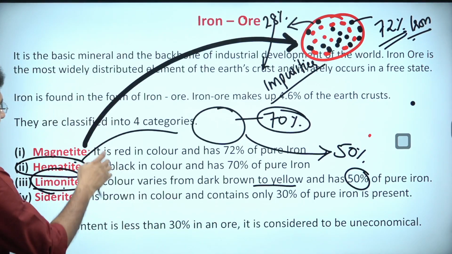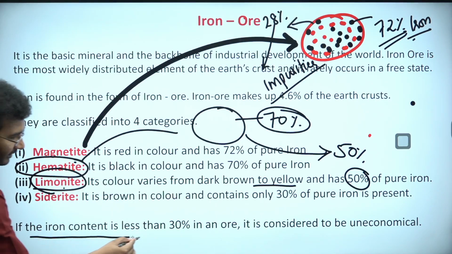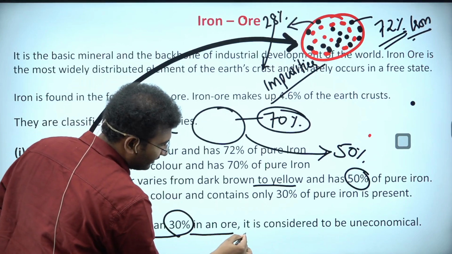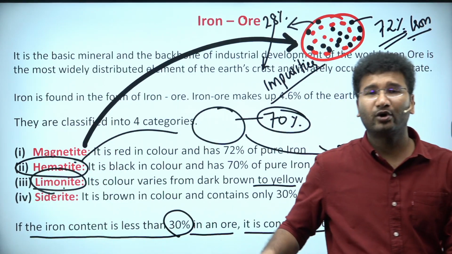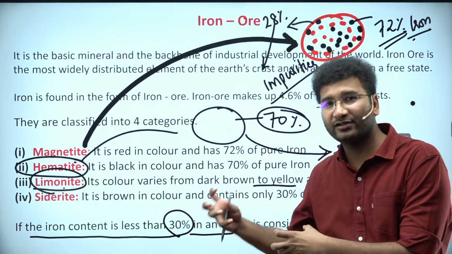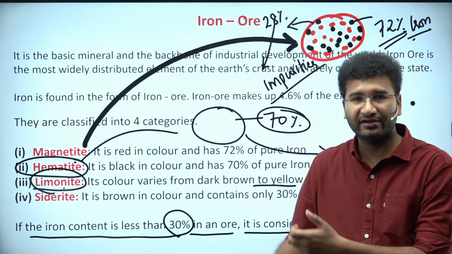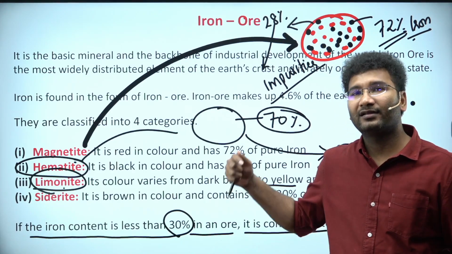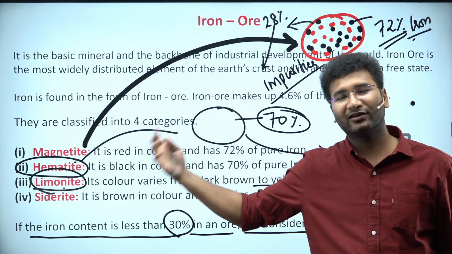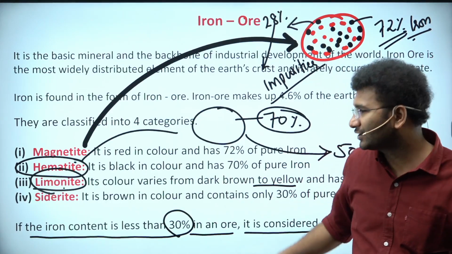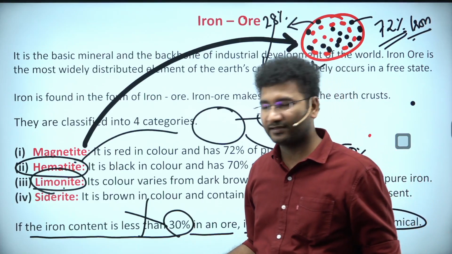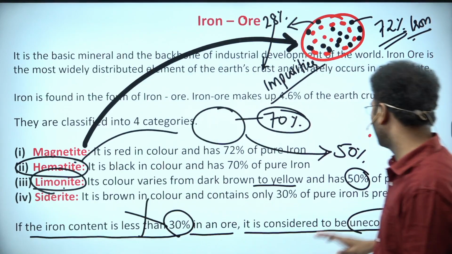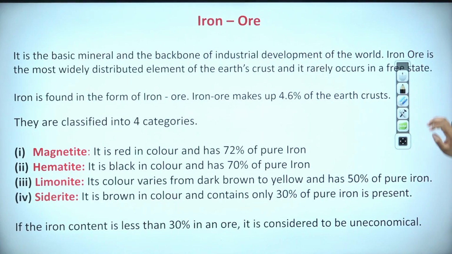If the iron content is less than 30% in an ore, it is considered to be uneconomical, because whatever cost you put in to extract that particular mineral, the cost of extraction is more than the cost of utilization. So that's why if you have less than 30%, you are not going to utilize it, right? This is what iron ore is all about.